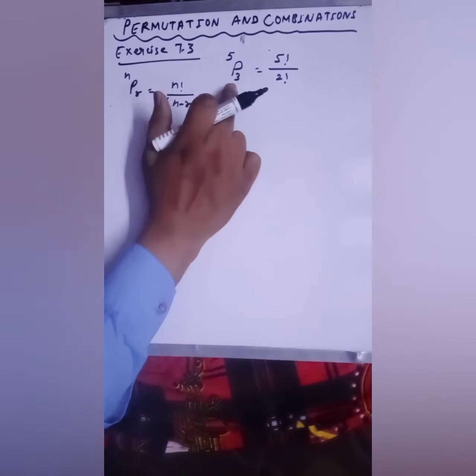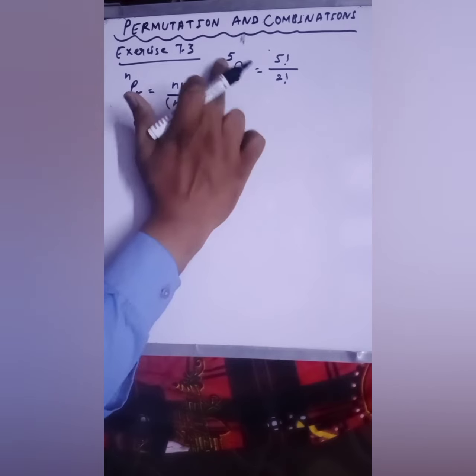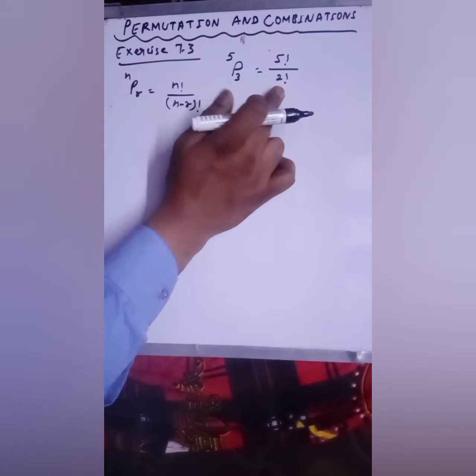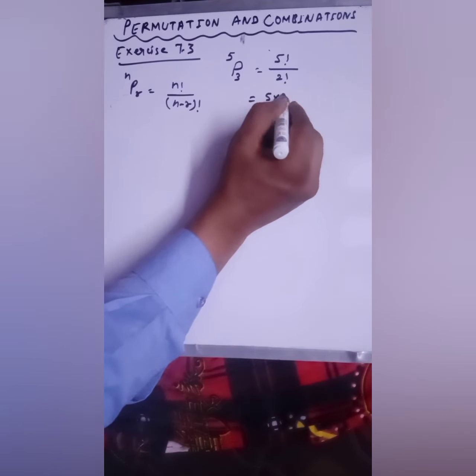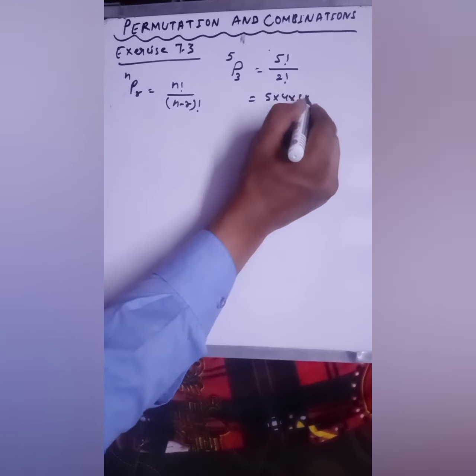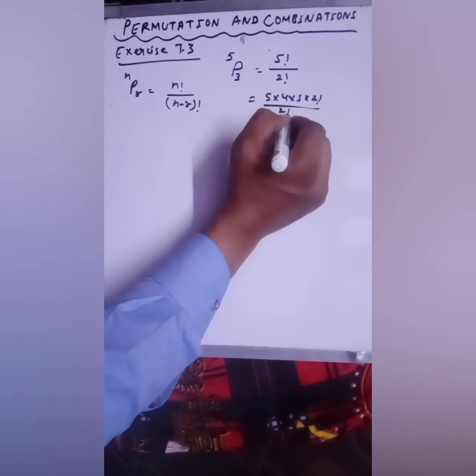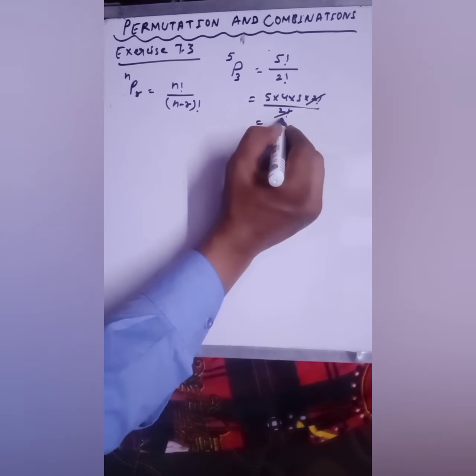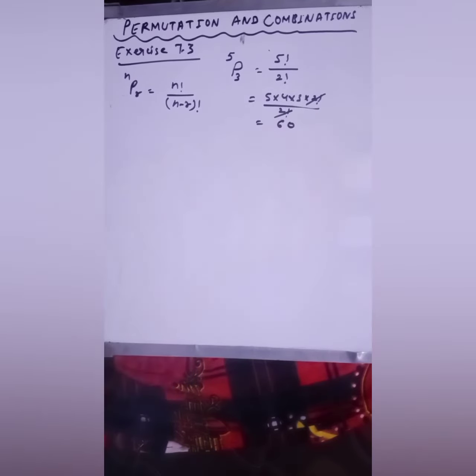This is your n, this is your r. This will be 5 into 4 into 3 into 2 factorial over 2 factorial, and this and this will cancel out, and you will get 60. So this is the required answer. This is how you can solve the permutation.